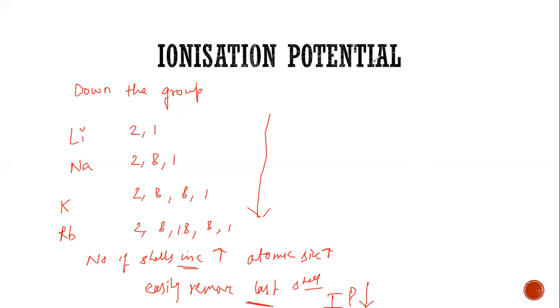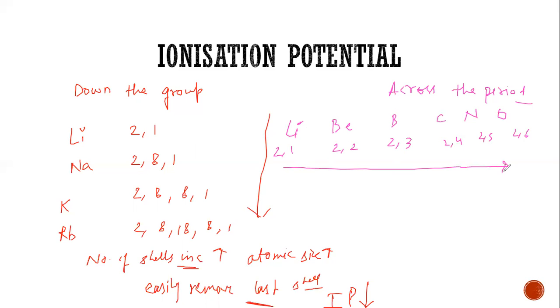Now let's see what happens when we are moving across the period. We have lithium, beryllium, boron, carbon, nitrogen, and oxygen, and the electronic configurations are 2,1; 2,2; 2,3; 2,4; 2,5; and 2,6. Here you can see that when we are moving left to right, the number of shells remains the same.